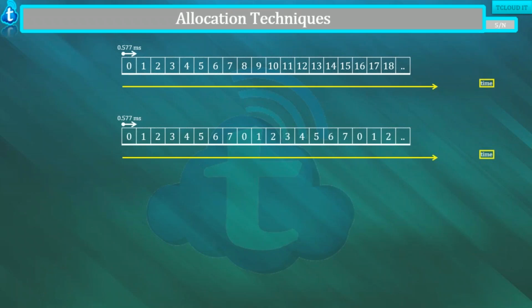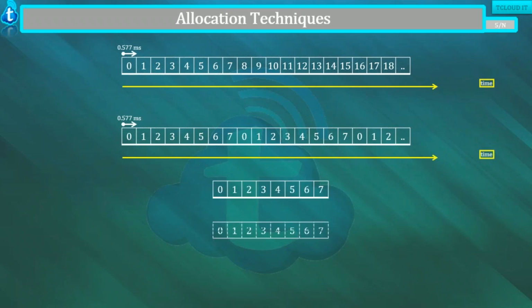You will never tell someone, please come to my home on the 15,715th date. We won't be happy if you literally follow that kind of numbering. So they have called these repeating 0 to 7 things frames.